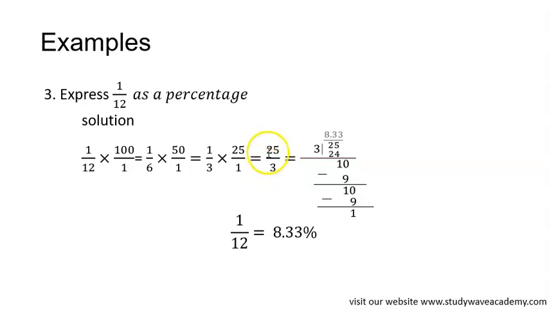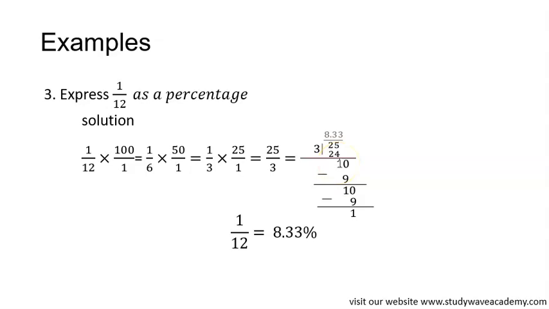It's still a fraction. We have to express it as a percentage, so we're going to be doing the long division method. 25 divided by 3: 3 goes into 25 eight times. 8 times 3 is 24. You subtract, so 5 minus 4 is 1, 2 minus 2 is 0, so we have 1 remaining.